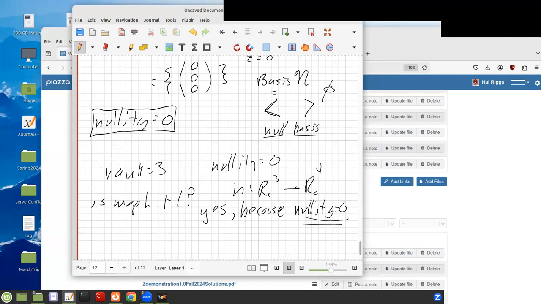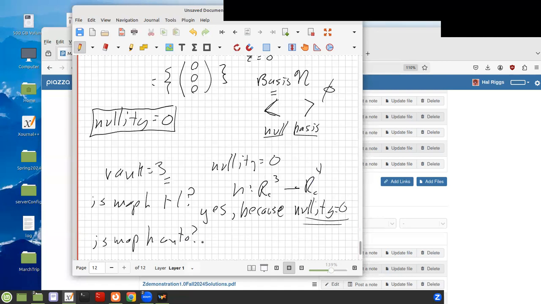Now, is it onto? The question is whether the rank is the same as the dimension of this space.